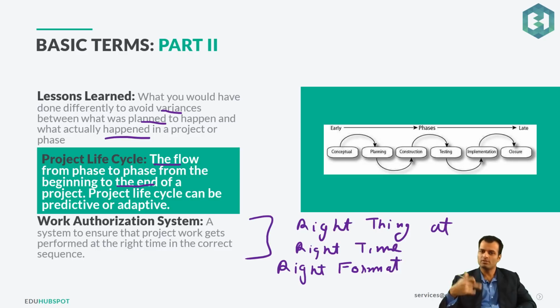Iteration number 2, repeat, and now start solving the full length tests. We want you to practice for 4 hours as well. We want you to understand that your real exam is 4 hours, and that might be challenging, so you need to keep yourself prepared for that. That's the study plan format. So basically, that's your work authorization system.